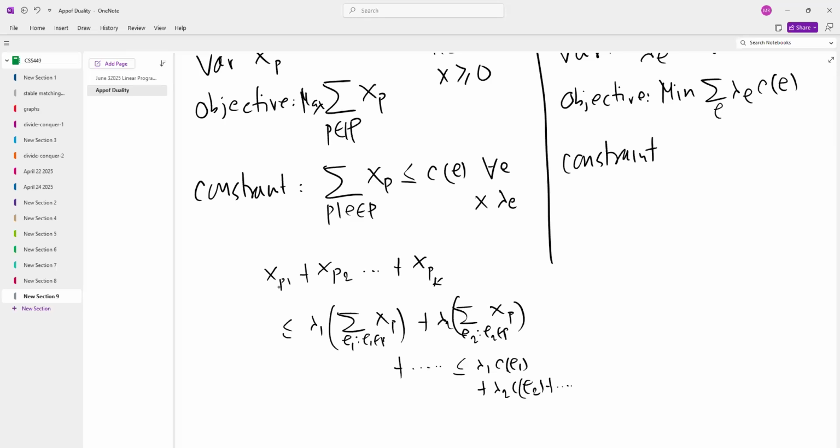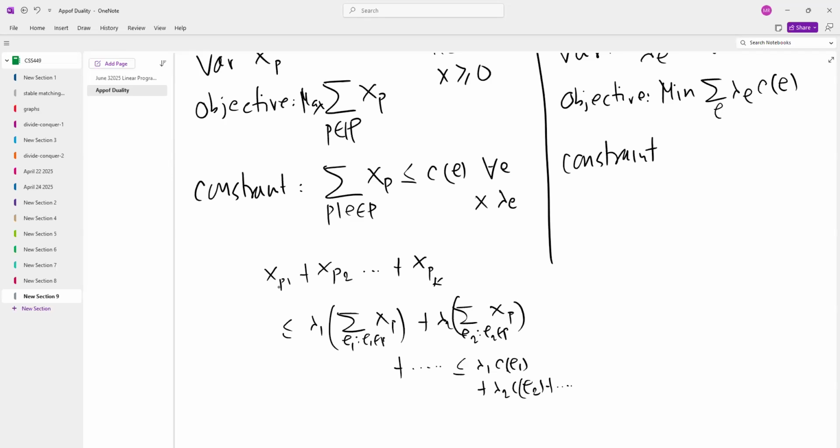So what we need to do is, if you think about what's happening here, I'm going to try to find, so x_P1 has a coefficient 1 here, which needs to be dominated by the coefficients of x_P1 in all of these terms. How do I find that? I look for the P1 path here, right?